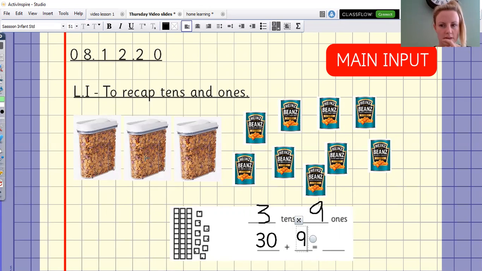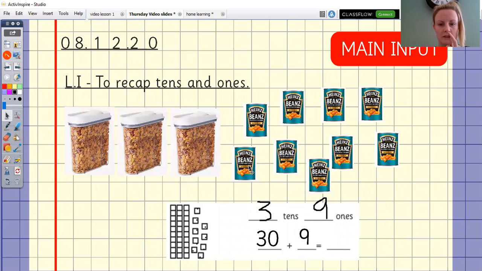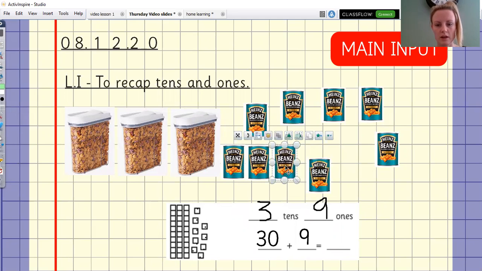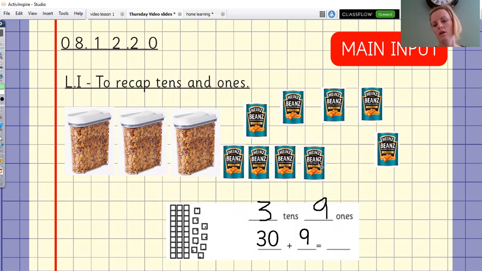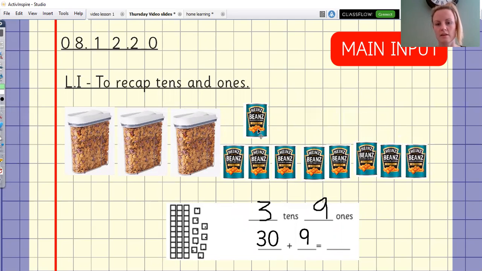10, 20, 30, 31, 32, 33. It might be an idea, sorry, for you to put them in order so it's easier to count. So 31, 32, 33, 34, 35, 36, 37, 38, 39.